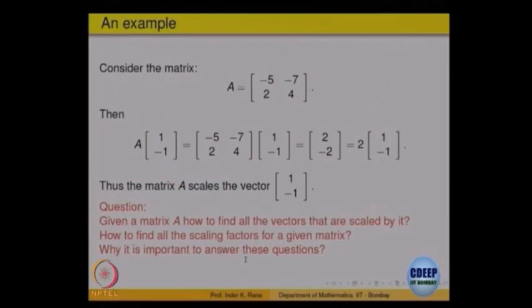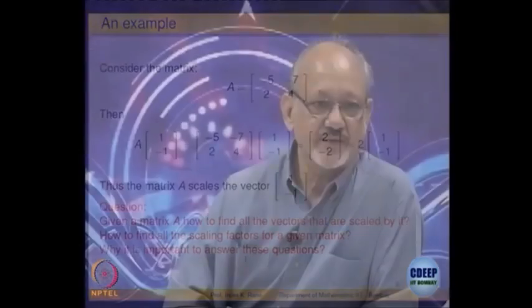Given a matrix, are there scalars lambda and vectors x such that A applied to x is lambda times x? How do we find those scalars and the corresponding vectors which tell us that A scales them? And why is this important? Why are we worried about this exercise? These 3 questions we would like to answer. Let us look at them one by one.